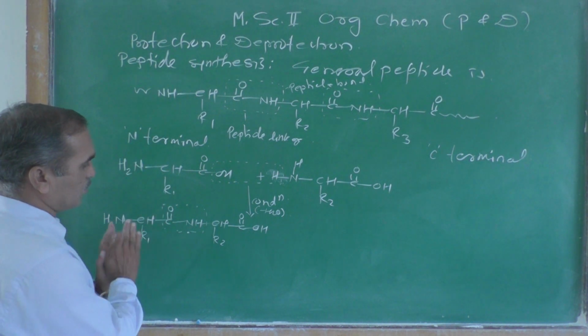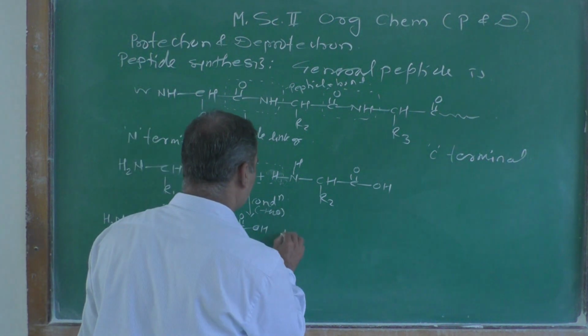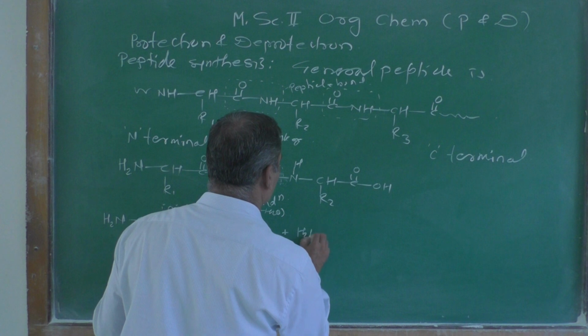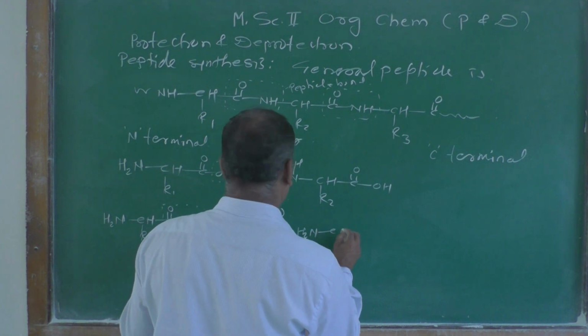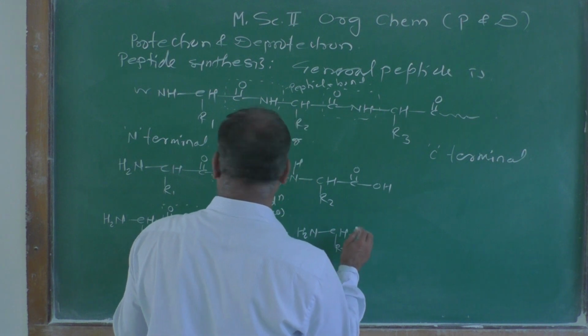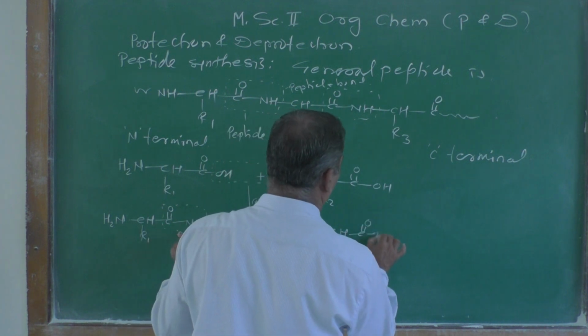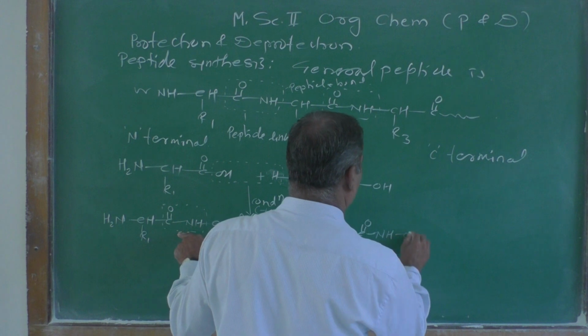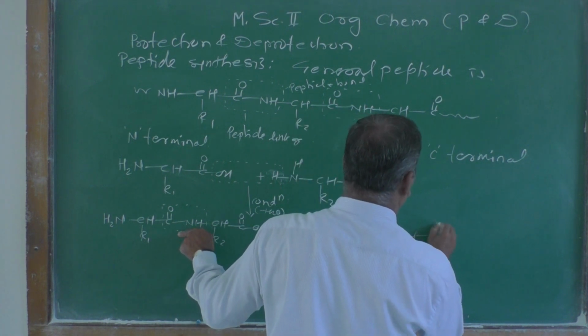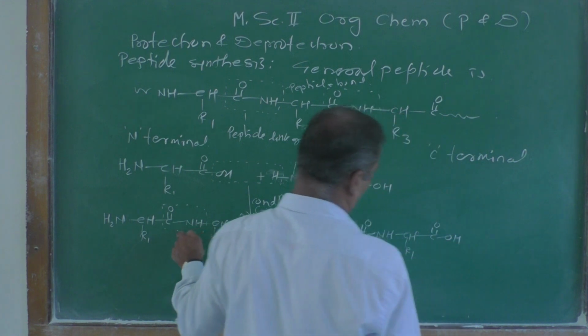Another molecule will be formed like this: H2N, CH, R2, then C=O, NH, CH, R1, then C=O and OH.